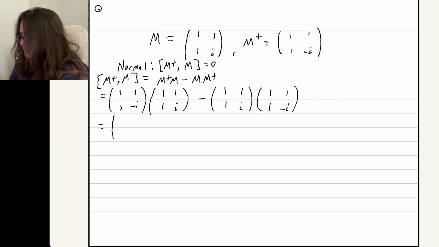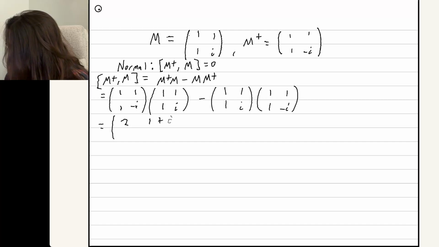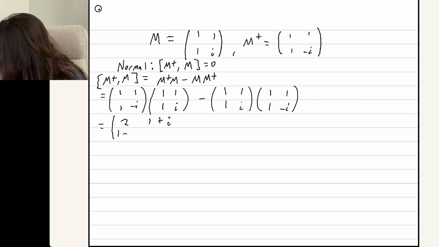So that first combination of matrices makes 2 here, and then the next element is 1 plus I, right? 1 plus I, and then the next element down is 1 minus I, and then this is 1 minus I squared here.